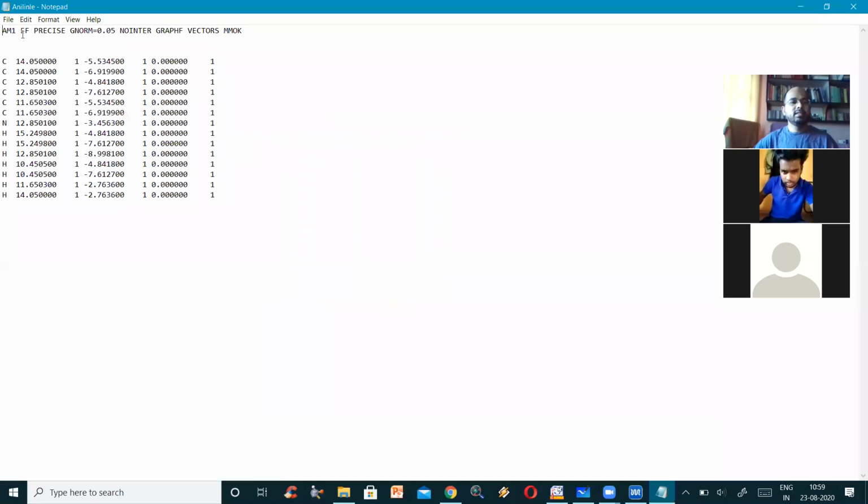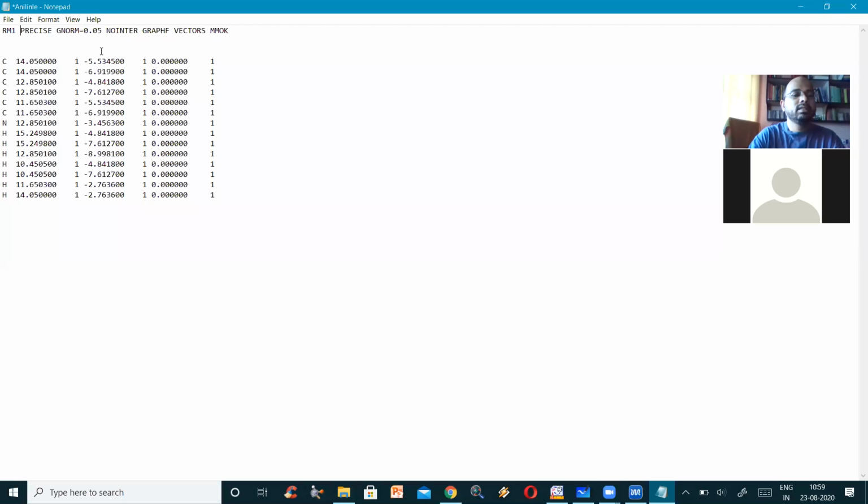Remember this? So I'm going to calculate the RM1. These are the keywords. They are going to calculate what we require. Vectors, bonds, symmetry, and process calculation. I'm removing this because it's not needed.